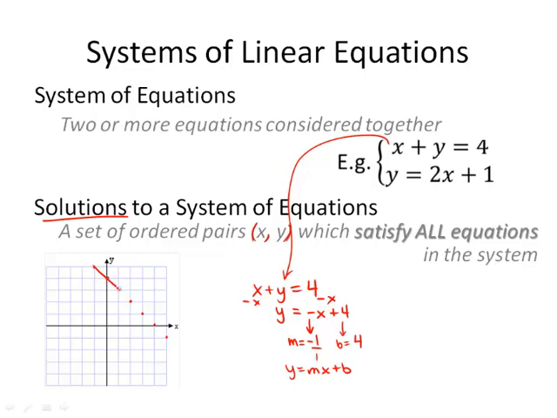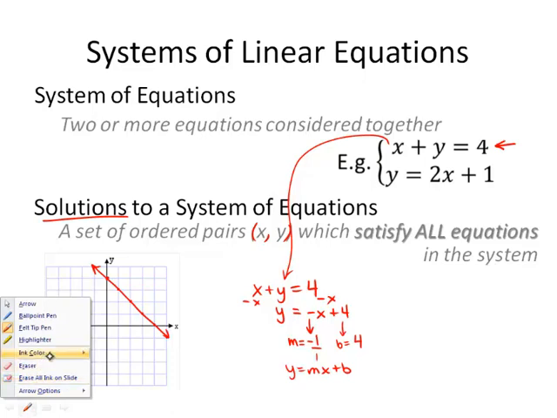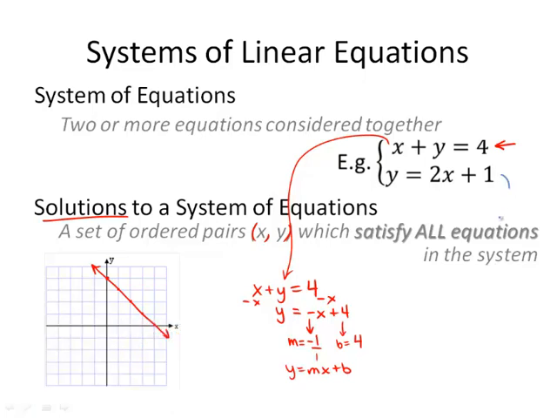So here we have a line that represents all the possible points that satisfy this first equation. Let's now graph the second equation in a different color. We've got y equals 2x plus 1. This one is already solved in y equals mx plus b format.